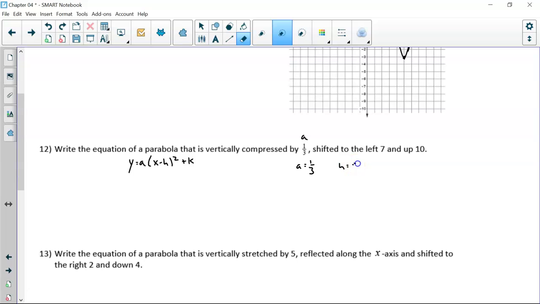So h is negative 7 because it's to the left. And k is up 10, so it's a positive 10. So y equals 1/3 x minus negative 7 squared plus 10. So y equals 1/3 the quantity of x plus 7 squared plus 10.